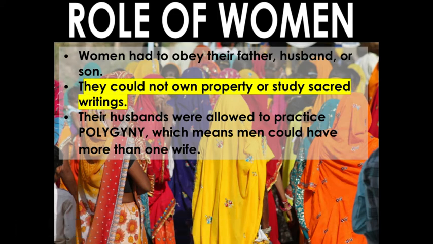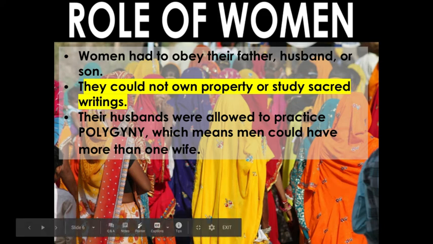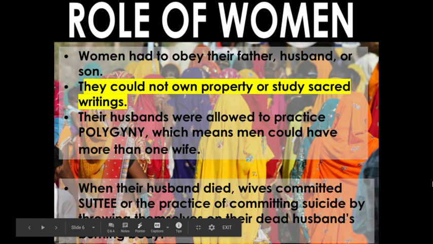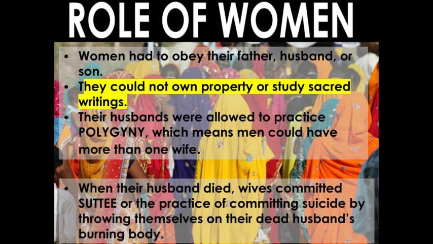We also saw this in Egypt, when men would have more than one wife. When their husbands died, wives committed suti, or the practice of committing suicide by throwing themselves on their dead husband's burning body.